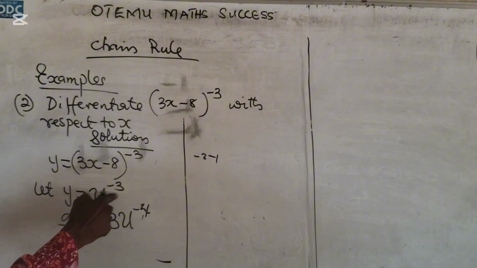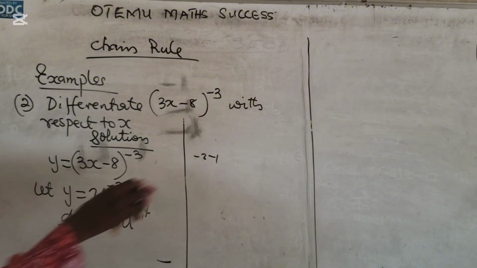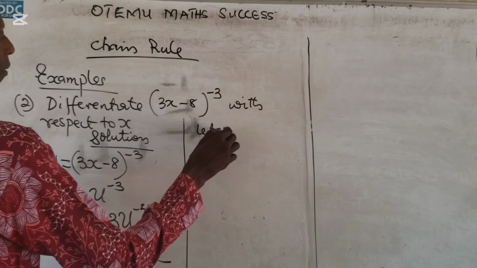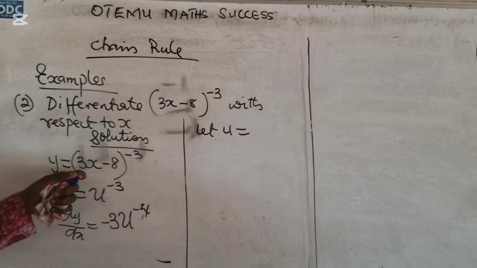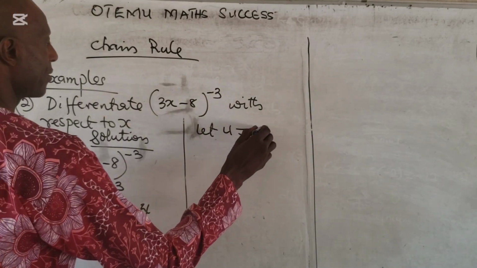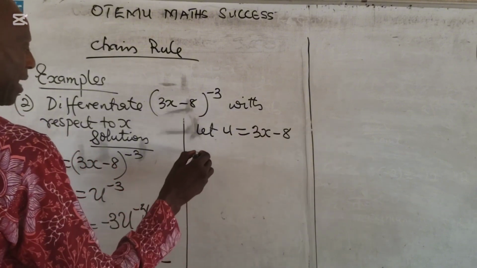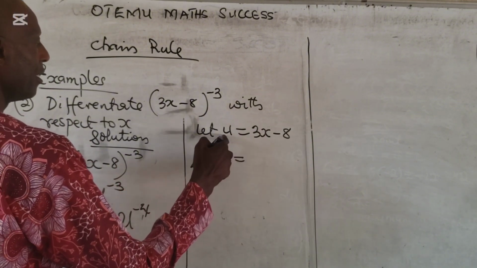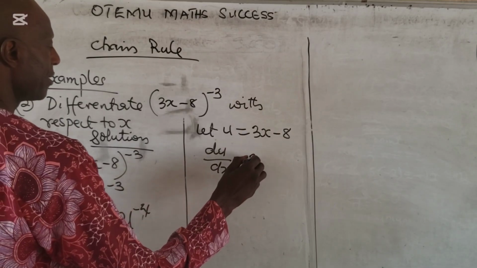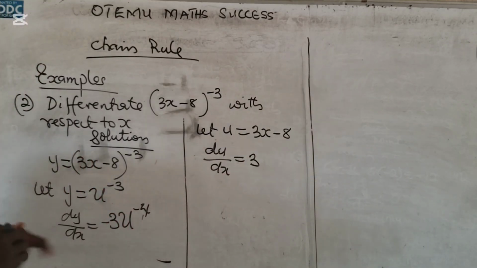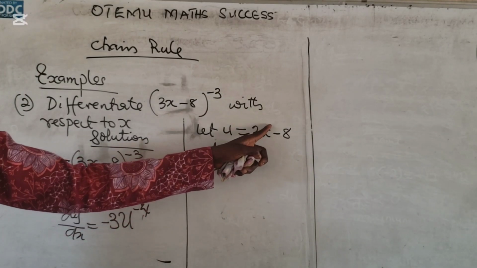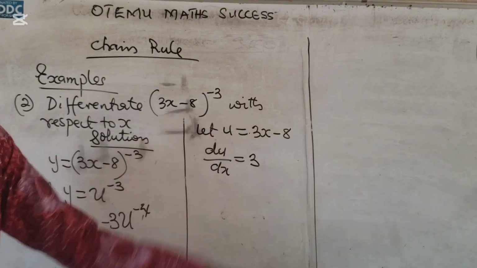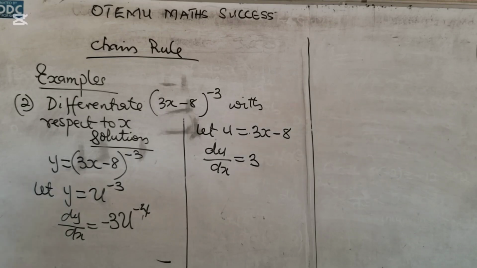Now let u be what is inside the bracket, which is 3x minus 8. So du/dx is now 3, because we use 1 to multiply 3. 1 minus 1 is 0, and 3 to the power 0 is 1, and 1 times 3 is 3. When we differentiate a constant it is 0.